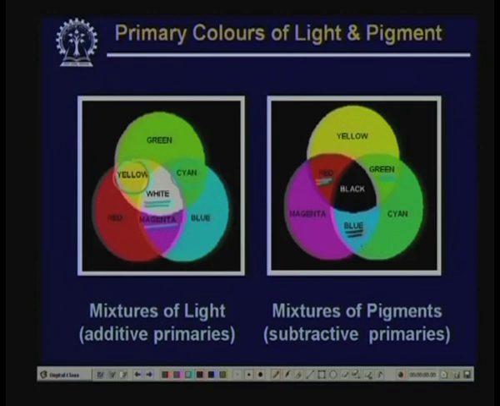However, all three pigment primaries, yellow, magenta and cyan, mixed together form black. So, by mixing different primary colors of light or different primaries of pigment, we can generate all the different colors in the visible spectrum.